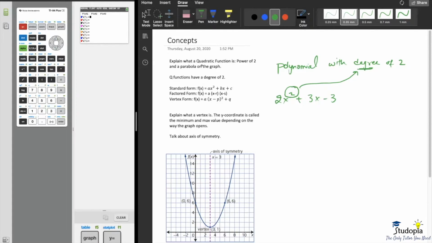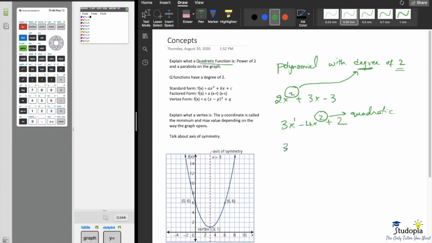So when you're talking about quadratic functions, the highest power of your x has to be 2. So for example, you can have something like 3x minus 4x squared plus 2. So again, this is not arranged properly where you're starting off with the highest degree, but as long as you see that x has a power of 2, that's the highest, this would also qualify to be quadratic, okay?